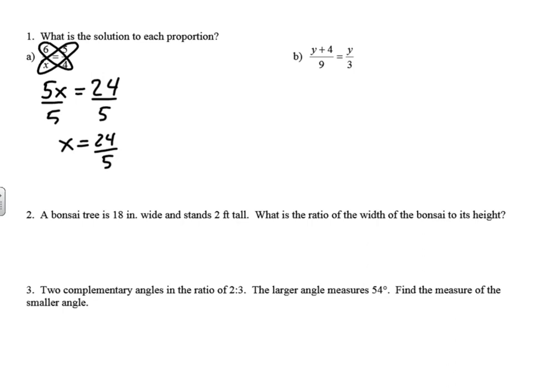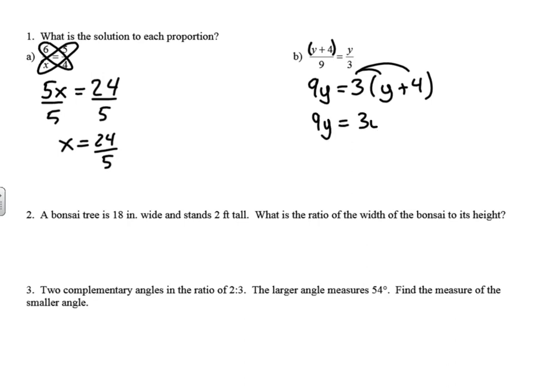Over here, what we need to be careful about: if we do 9 times y, we get 9y. Here we have to distribute. That's an error point where people sometimes make the right side 3y plus 4 and forget that we need to distribute because we're multiplying those quantities together.